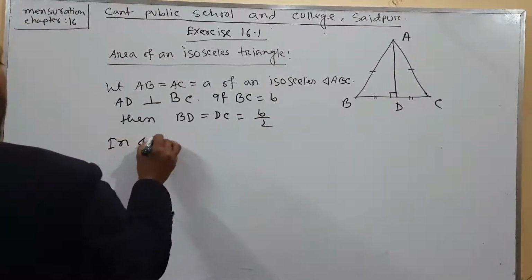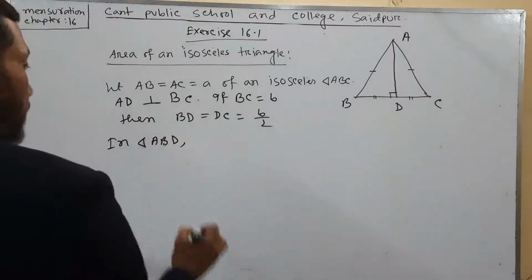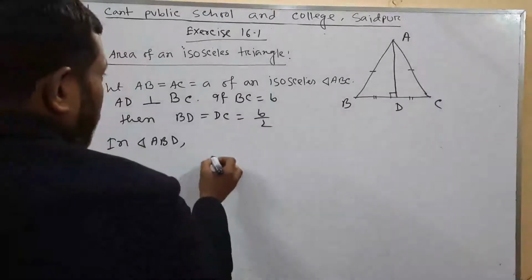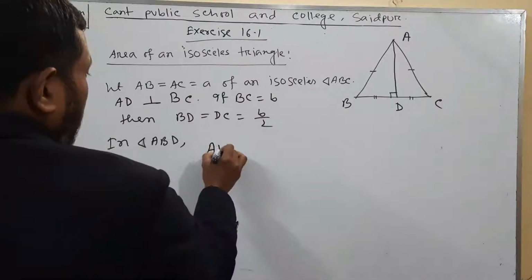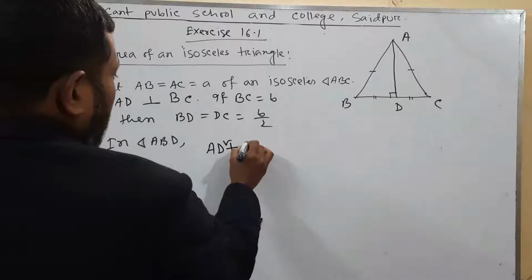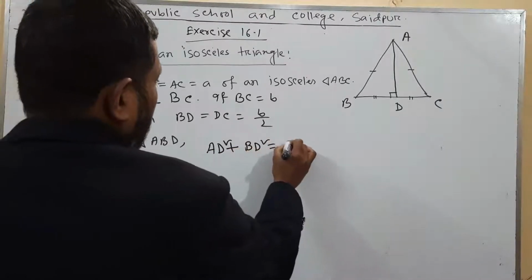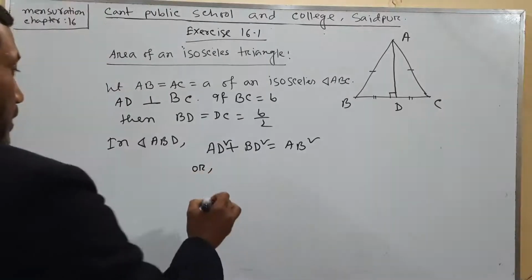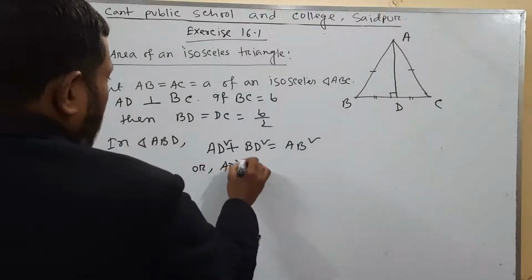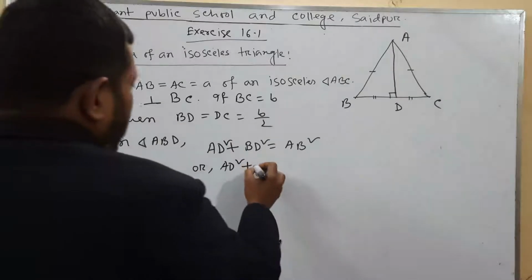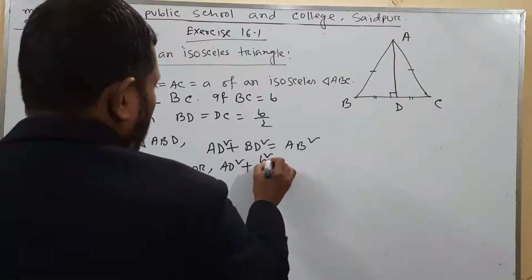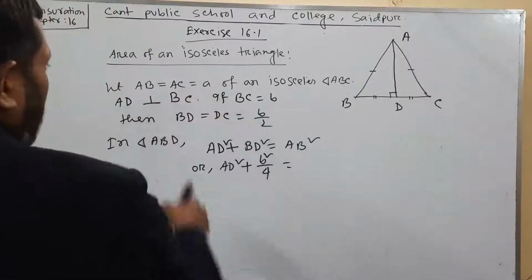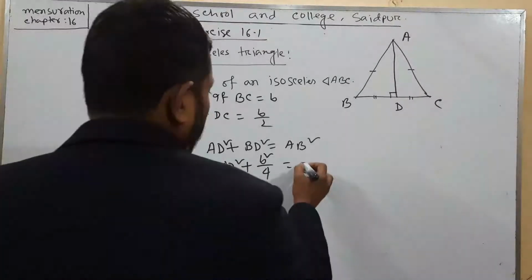In triangle ABD, if we apply the Pythagoras theorem, then we get AD square plus BD square is equal to AB square. Here BD is equal to b by 2, so BD square is b square by 4, and AB square, if we put the value of AB as a, is a square.